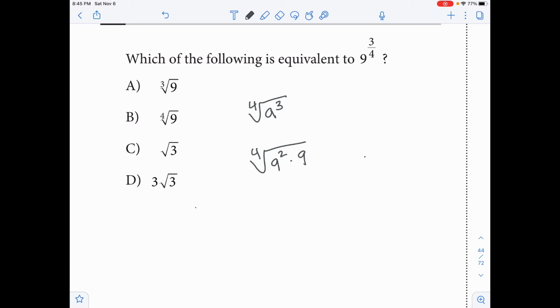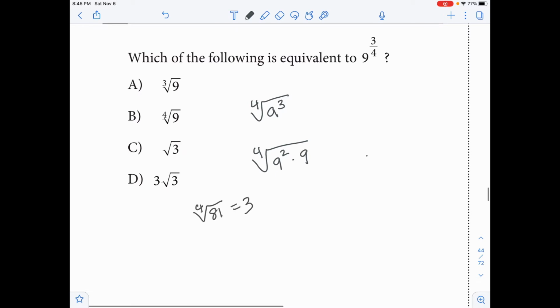So we know that the 4th root of 81 has to be equal to 3, because 3 to the power 4 is 81. So the 3 goes outside, and then we're just left with the square root of 9, which is square root of 3. So therefore the correct answer is D.